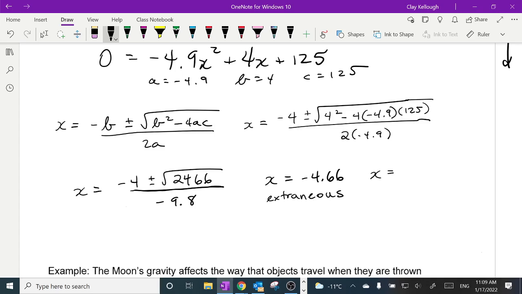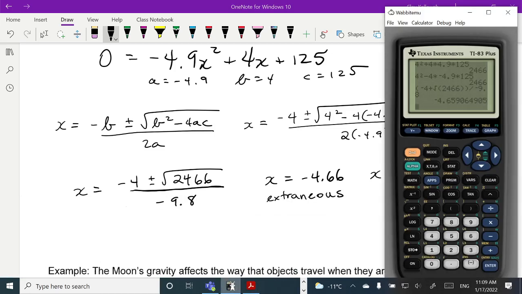Now, you will have to go back and type this in full, unless you have a fancy calculator like this one, or one that has this feature. I have a feature called entry, which means I can go second function, entry, and then just go back with my cursor and change that plus to a minus. And then hit enter. And there's a positive answer.